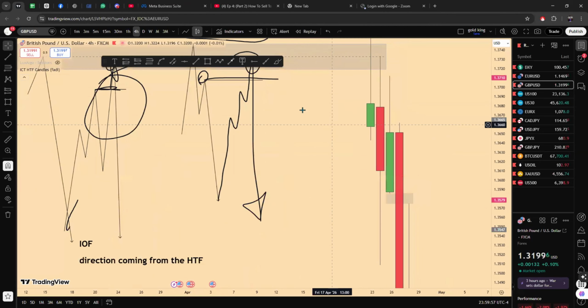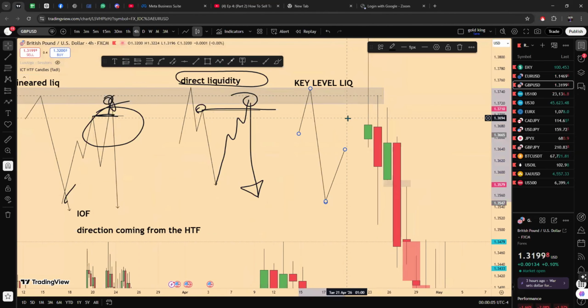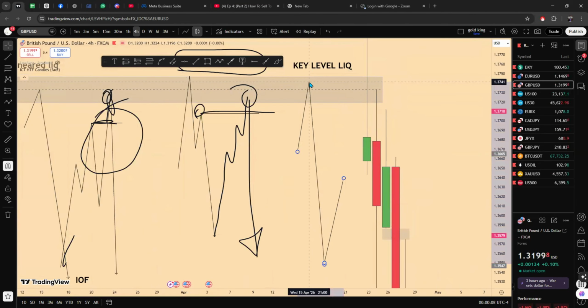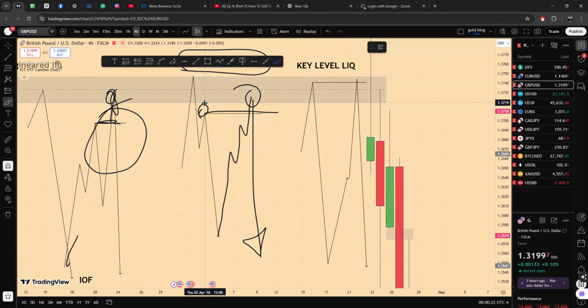In this case, you have your point of interest like that, and the market approaches your point of interest, and you expect price to react from it. And what does it do? It tries to stop hunt your point of interest before moving in your direction. Also, this is a situation where we don't have a closer inducement or an engineered liquidity, where price tries to stop hunt your point of interest like we had here.